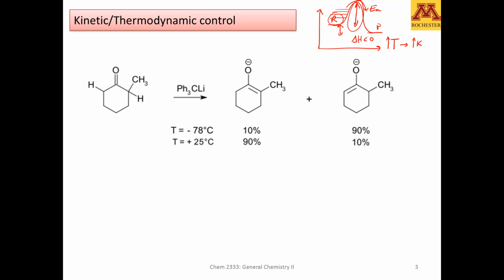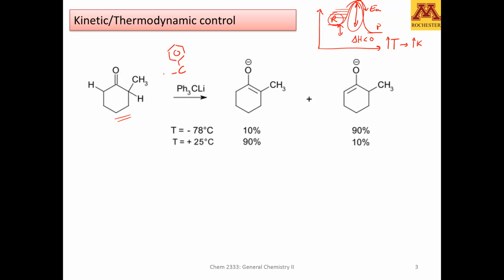And this is an example in organic chemistry. You have seen this reaction in organic chemistry. Notice that we are treating this substituted cyclohexane here with a base. It's a very strong base, albeit very substituted.